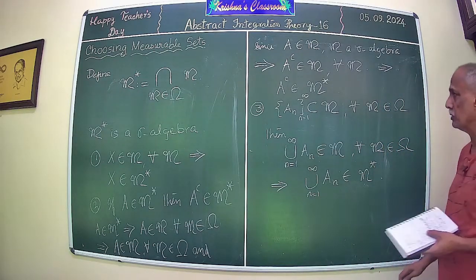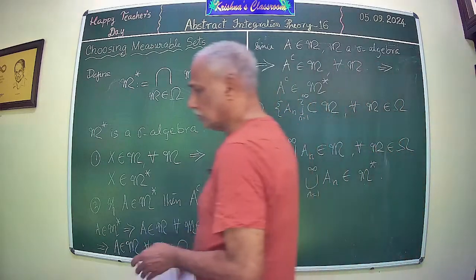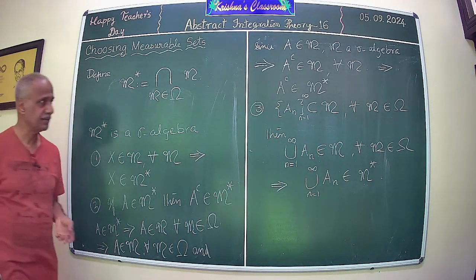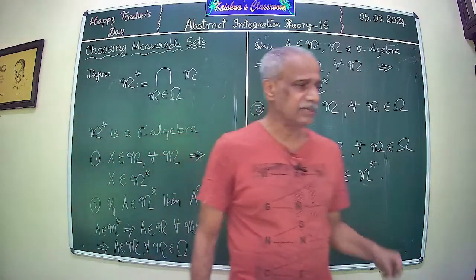Okay. Therefore, you see that it is closed with respect to countable union.